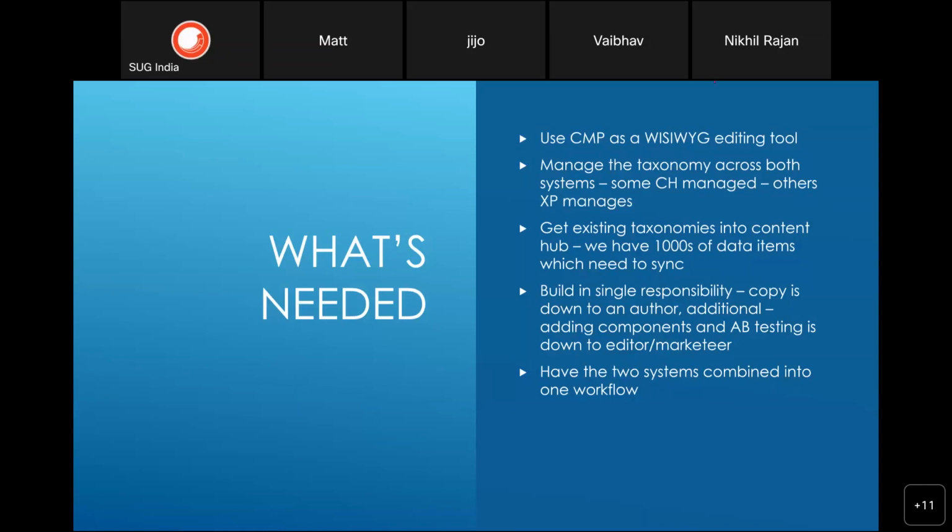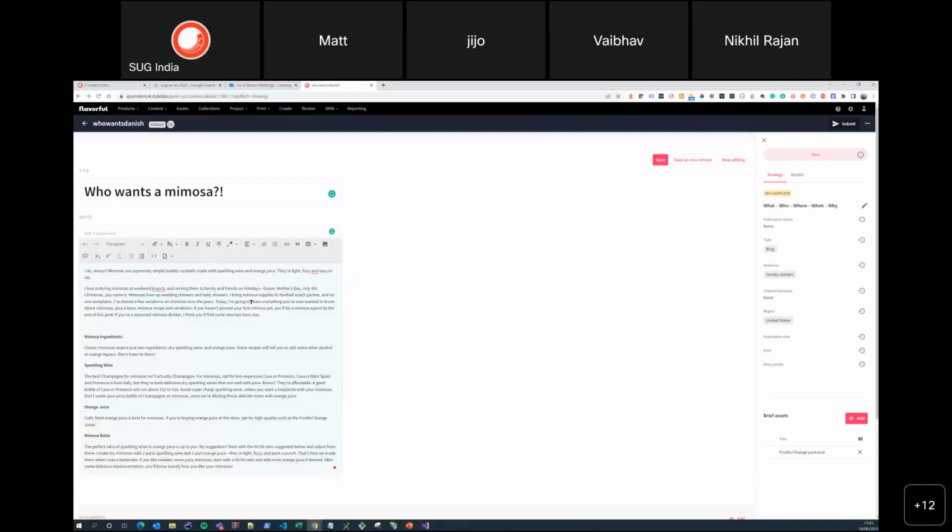Then we needed to create single responsibility between the two systems. For argument's sake, this page is coming across, and this is going to become a page within Sitecore and pushed onto the website. From here, we will be pulling across the title, the quote, and the body. What we want is those fields owned by whoever authors them in CMP.